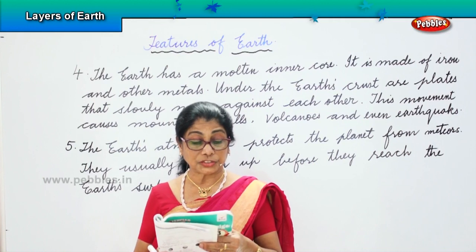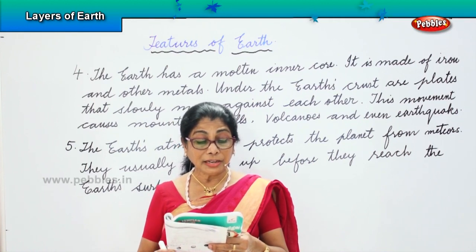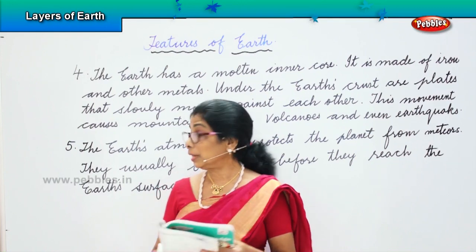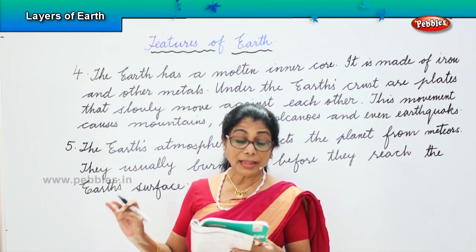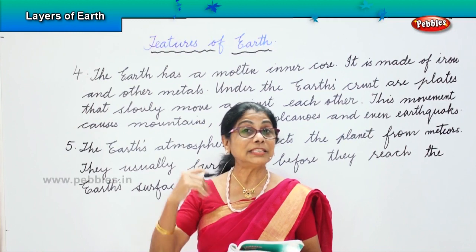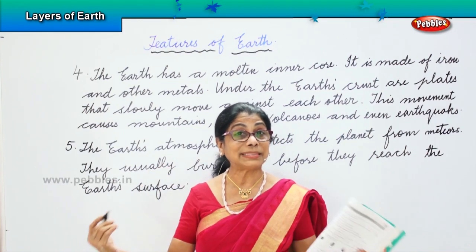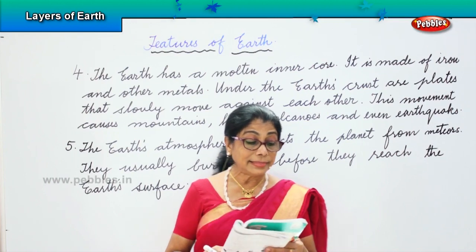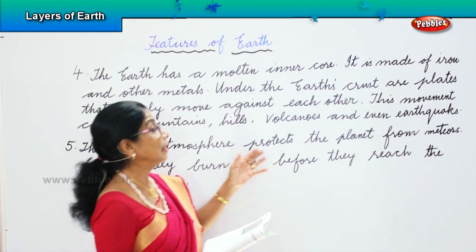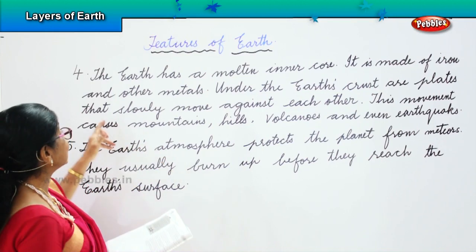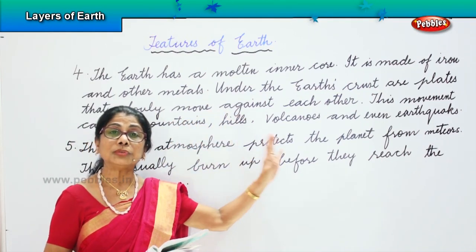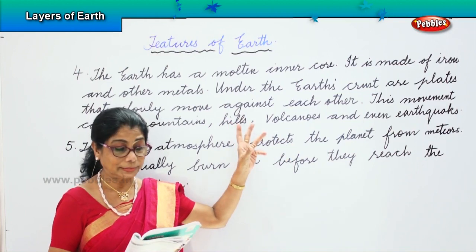That's another feature. Planet Earth is the densest planet in the solar system. So some other features are that the earth is flat at the top and the bottom, there's a bulge at the equator, and there are plates that slowly move against each other, forming mountains and hills and earthquakes.